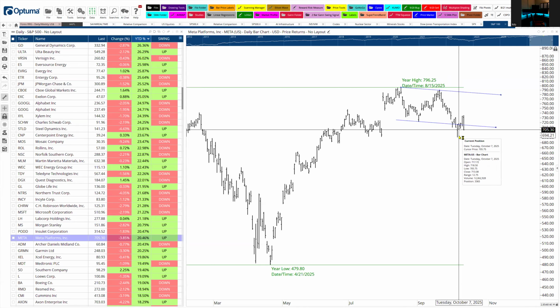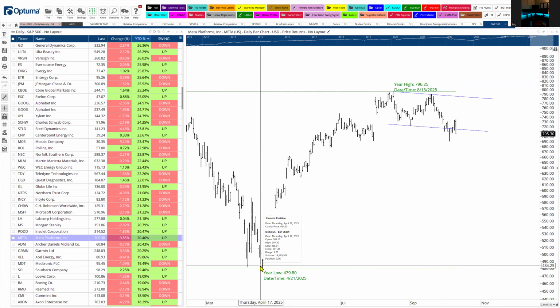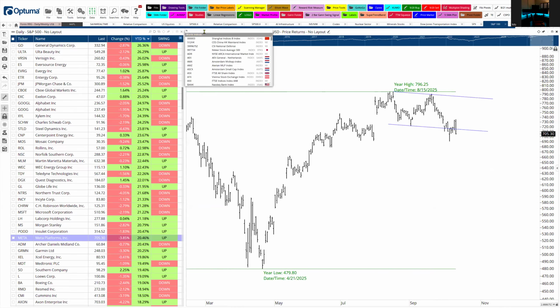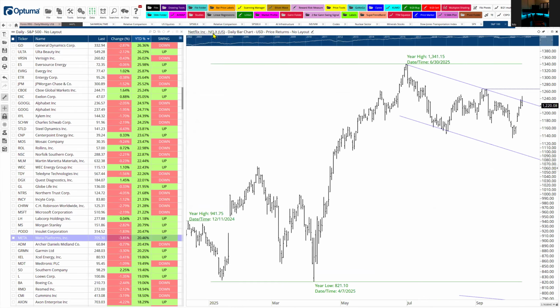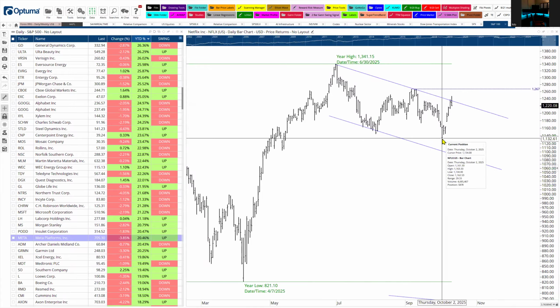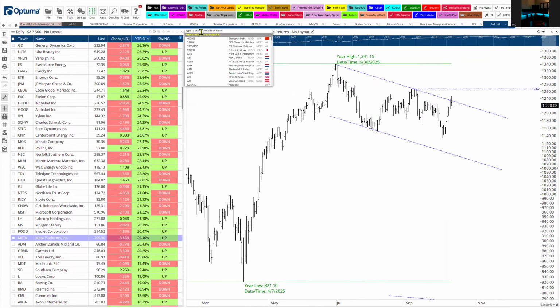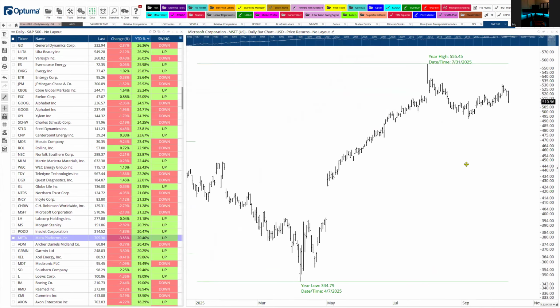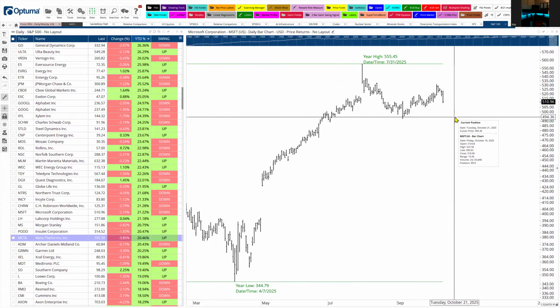The Meta just had, right? Look at this move from here. If you look at the same thing on the Netflix side, you see this third leg right there has already been completed. When you go to Microsoft, see, it's starting to look like it is going to work on this swing right there.